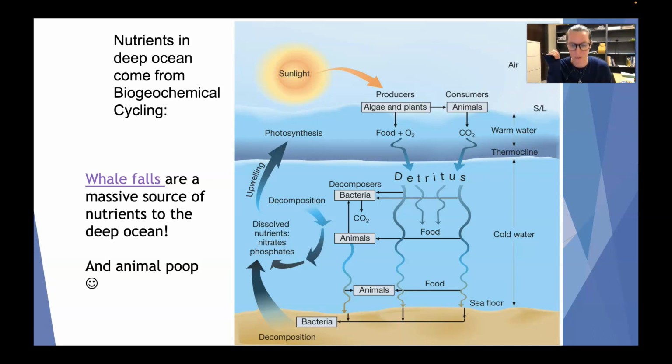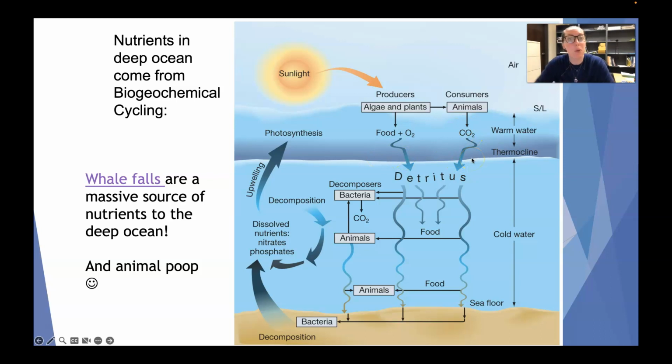Whew, it's a mouthful, I know. Bio, life, geology, chemical things breaking down and cycling out. So in this image here, we can see that we have producers and consumers, which mean algae and plants are producers, consumers are us animals. And then in the warm waters, we can produce food and oxygen in terms of producers, and then animals produce CO2.